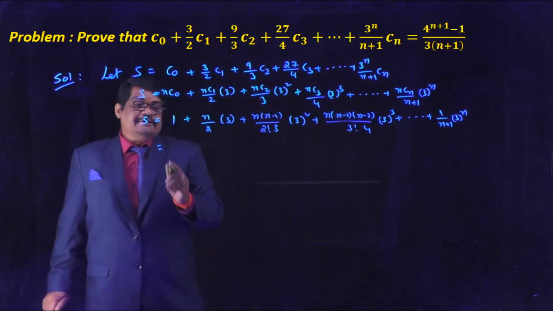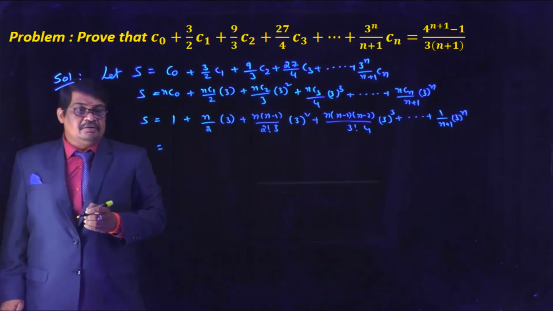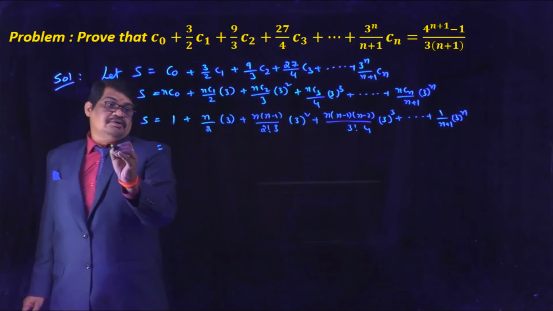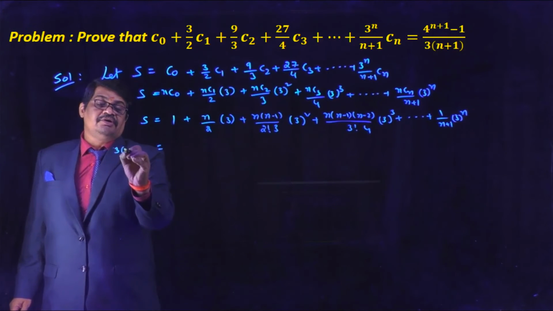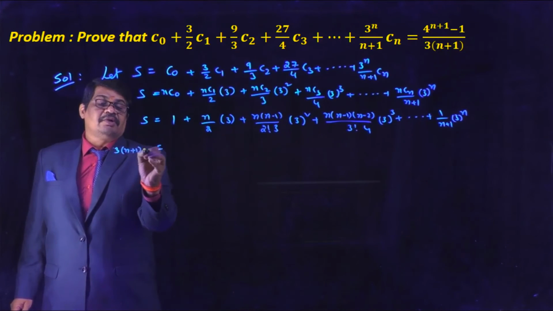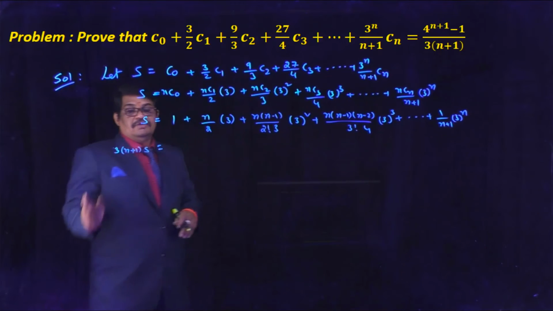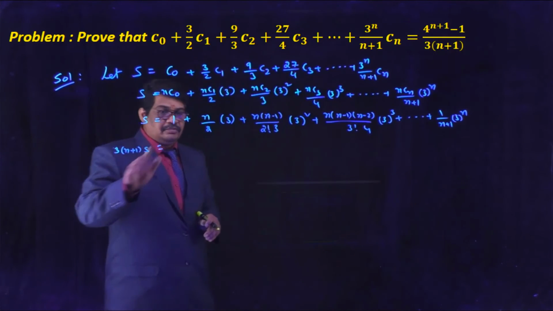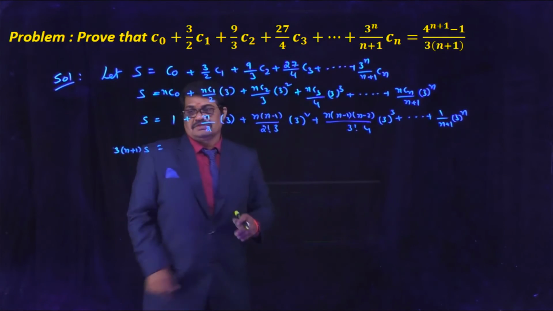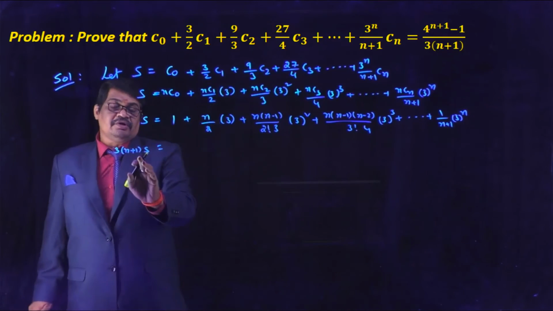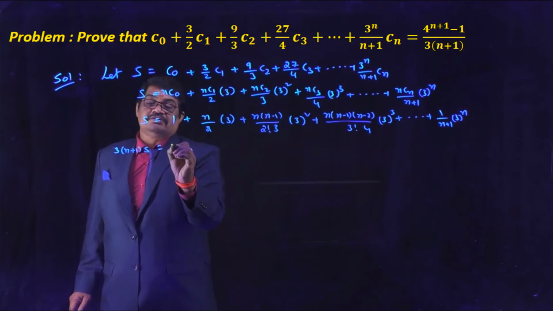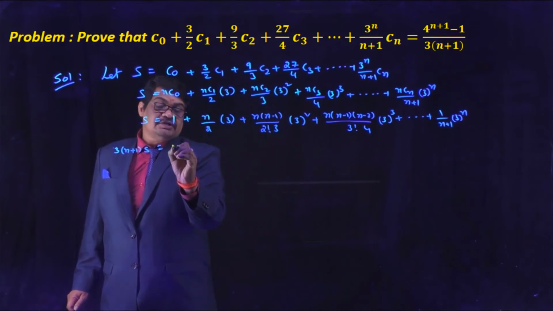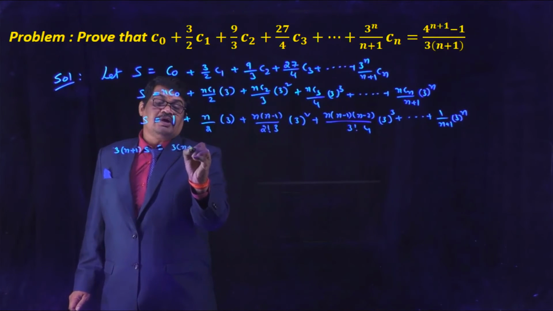Now we multiply both sides by 3 into n plus 1, multiplying each term by 3 into n plus 1. Now this is 3 into n plus 1.